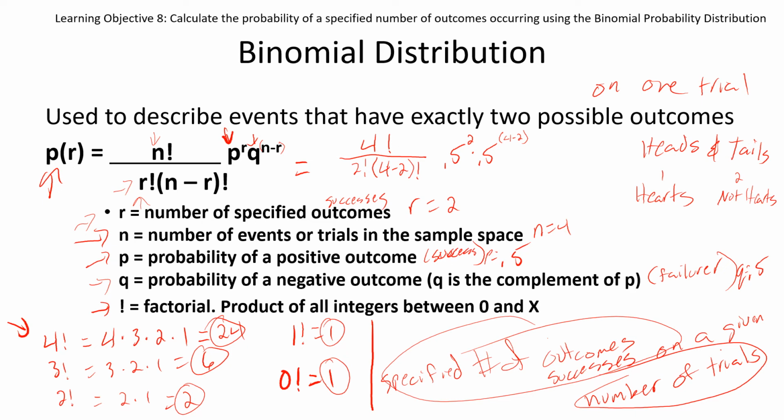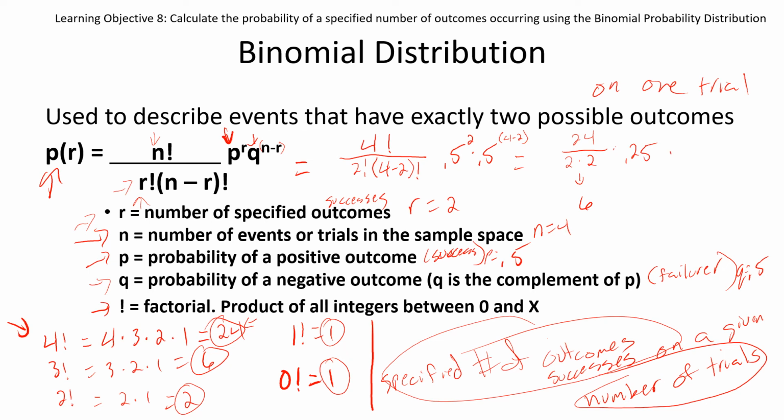So if we look at this, again, 4 factorial. Let me even erase what's over here. So 4 factorial is, I set it down here as 24. 24 divided by 2 factorial, which is 2, times 4 minus 2 factorial, which is 2 factorial, which is 2, so it's 2 times 2, or it's 24 divided by 4. We'll bring that down. 24 divided by 4 is 6. Then 0.5 squared is 0.25.